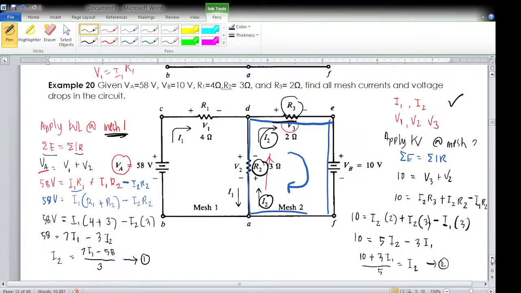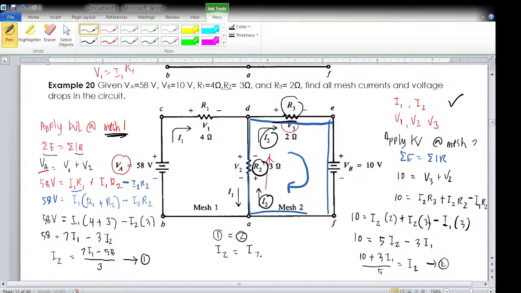Now, what we will do is eliminate one of the unknowns by equating. Or we can also use the substitution method, if you are familiar with that, from algebra, as a method of eliminating unknowns in the equation. So, equating equation 1 and equation 2. In this case, equation 1 is I sub 2, so we equate it to equation 2, which is also I sub 2.